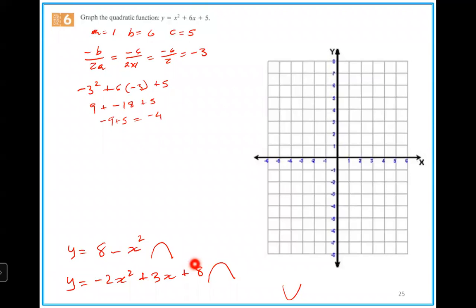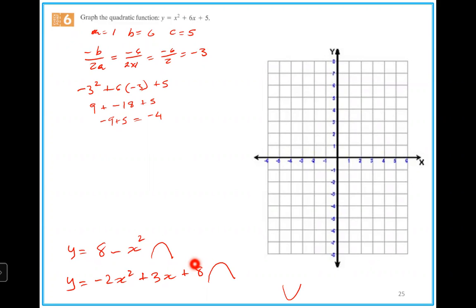So basically that is telling you your lowest point on this graph. Well, you need 2 points. You work out the x coordinate and now you work out the y. So it'll be -3 and -4.